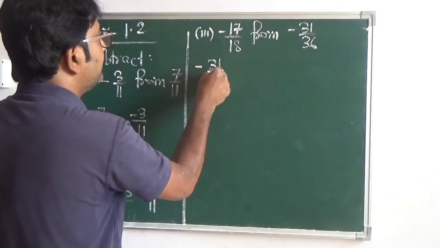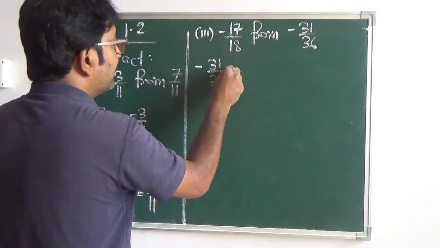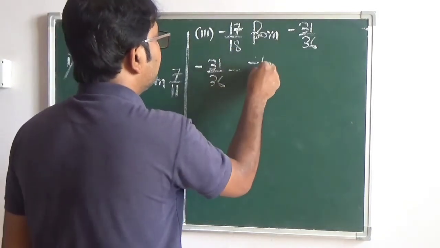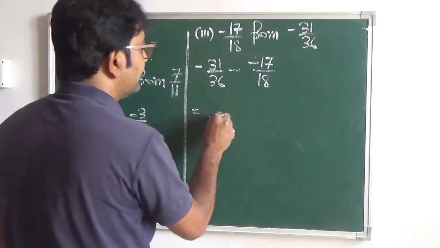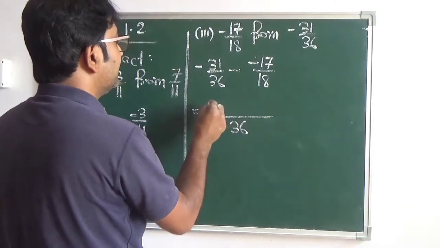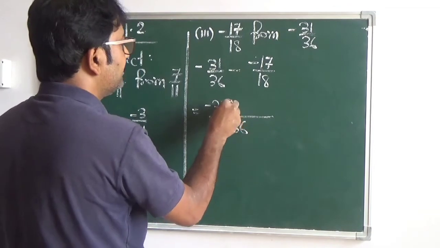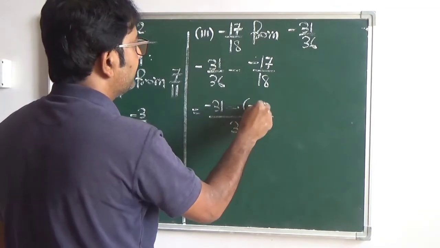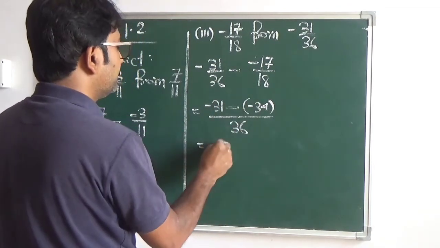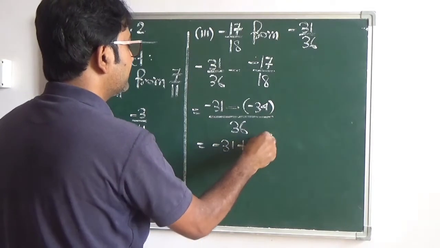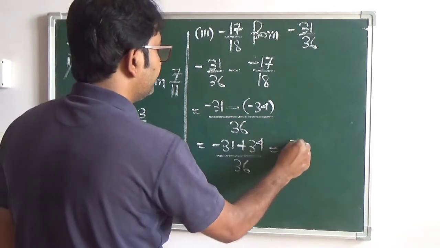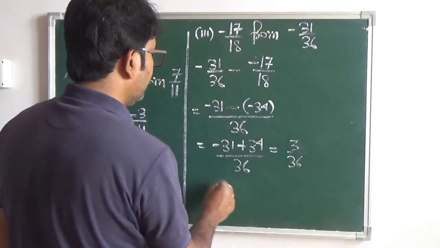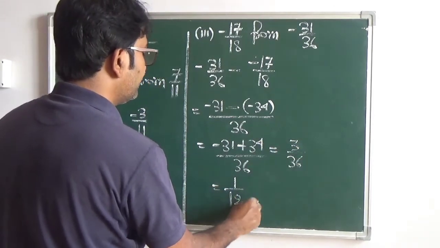So minus 31 by 36, subtract minus 17 by 18. We take the LCM, this is 36. It is minus 31 minus of, this is 2, so it is minus 34. So you get minus 31 plus 34 by 36, this gives you 3 by 36, and that is 1 by 12.